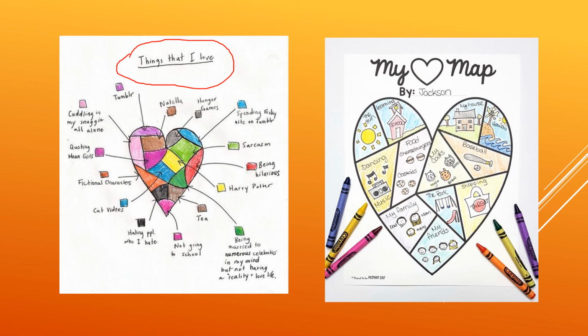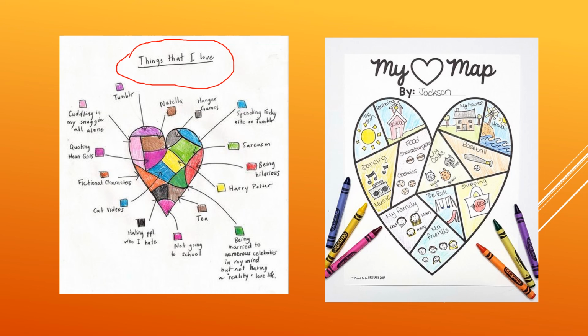Oh, this is interesting. You can ask them to write something in a project. This is an example. The question is "things that I love", and you want them to answer the question in the shape of a heart.